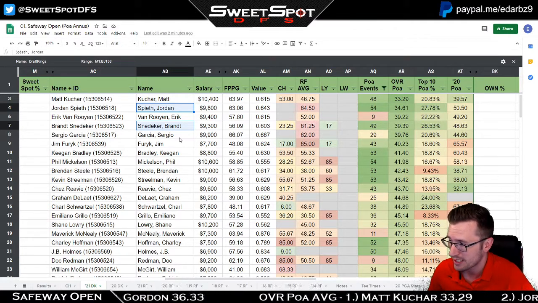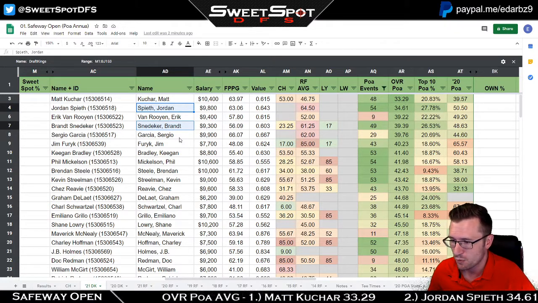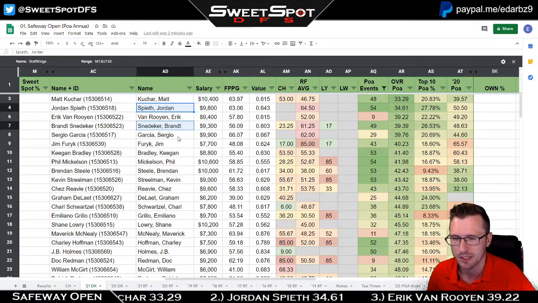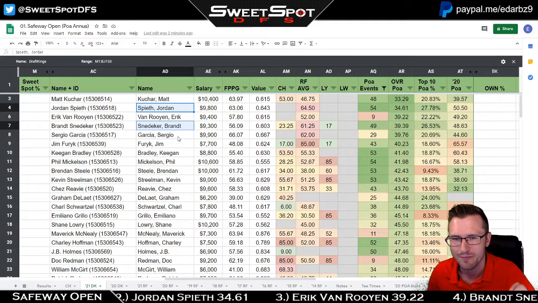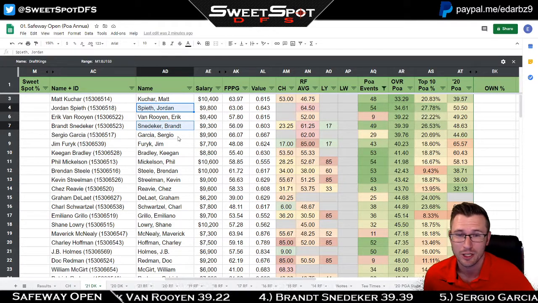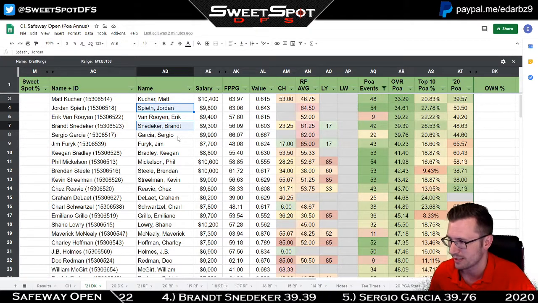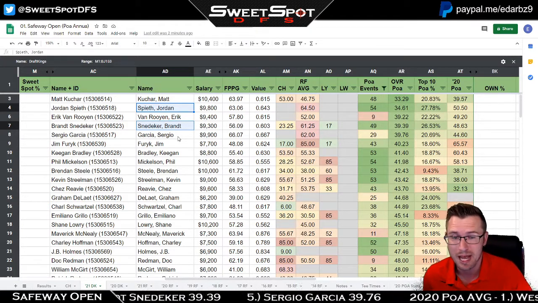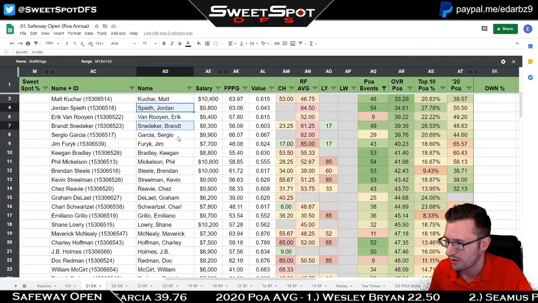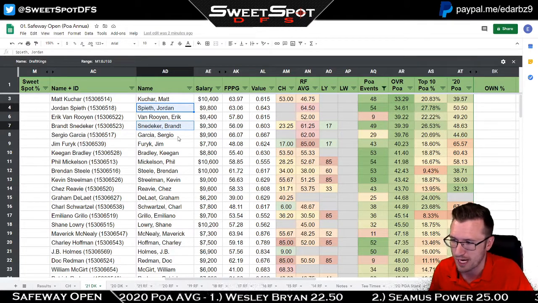Last time I watched Brandt Snedeker, he's working on some swing thought in his practice swing. It just doesn't look good. He's wildly inconsistent. Jordan Spieth can't put four rounds together. There are some mental issues, confidence issues, that I don't like.